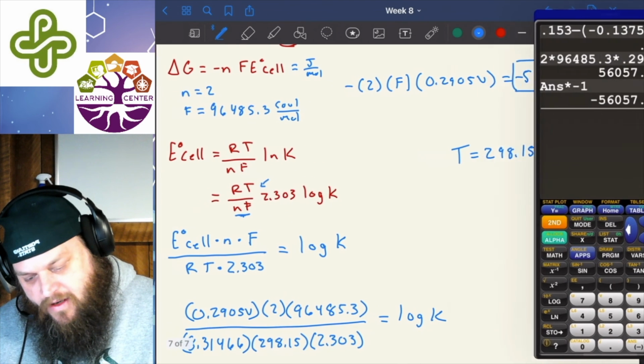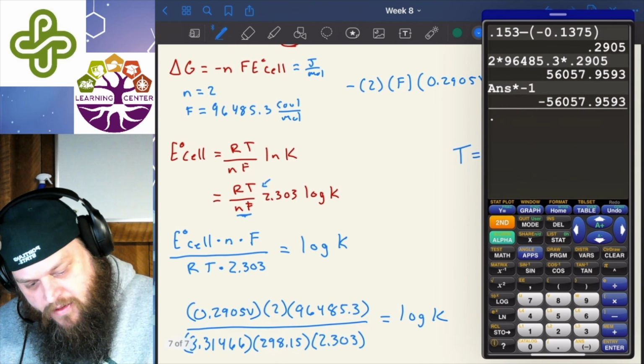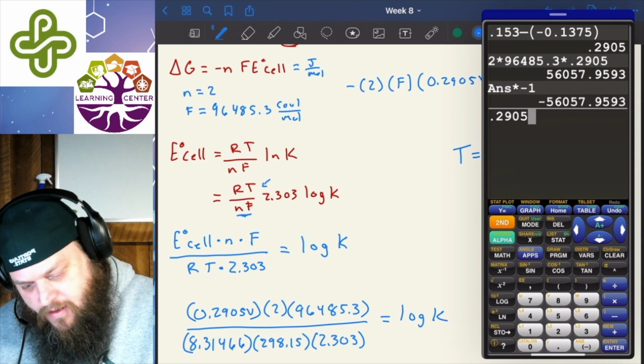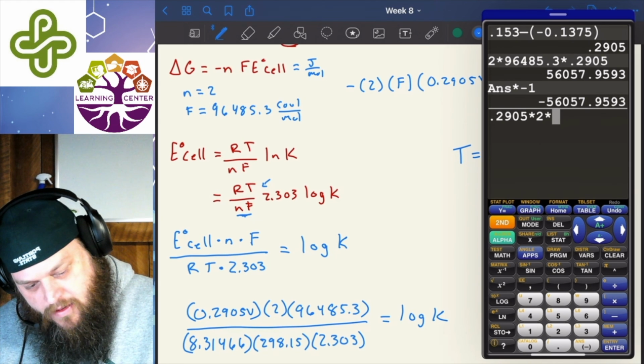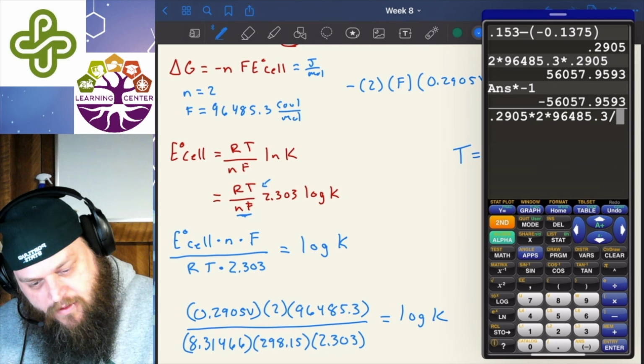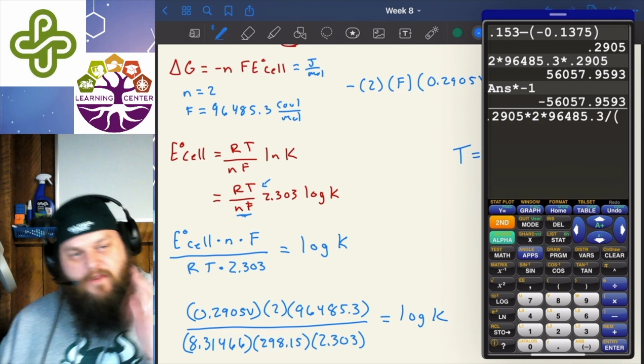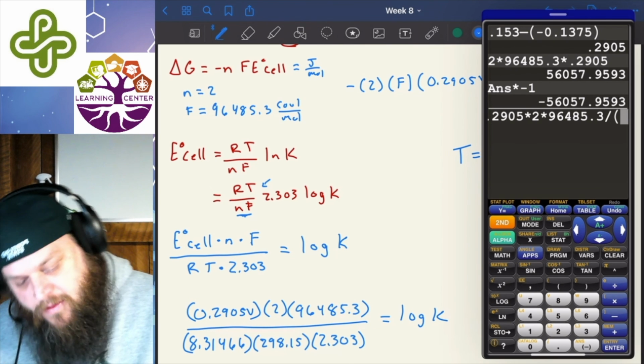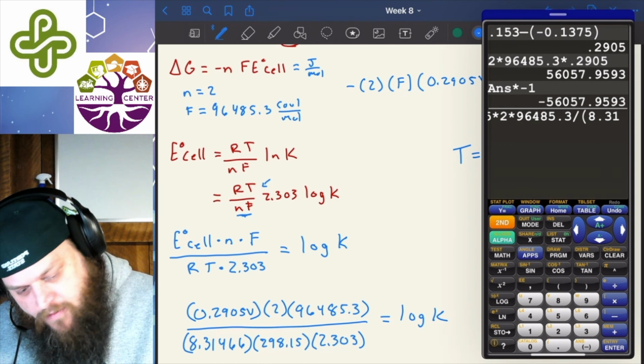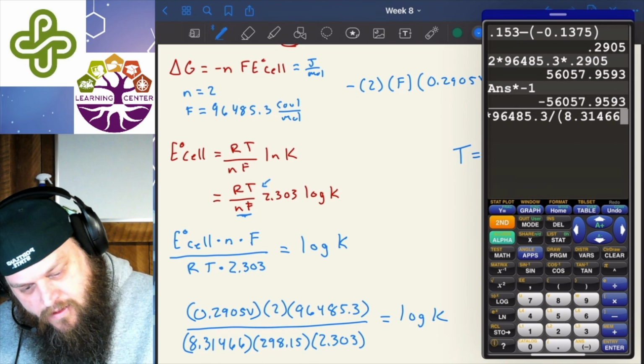So let's plug that into our calculator. 0.2905 times 2 times 96485.3. I'm going to divide this whole thing, and I'm going to put a parenthesis there because I want to make sure I'm dividing by all three of those values. 8.31466 times 298.15 times 2.303.